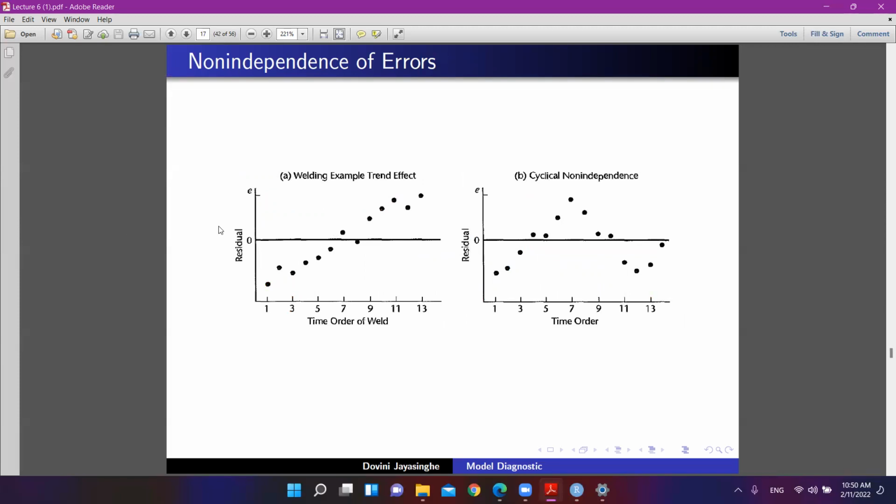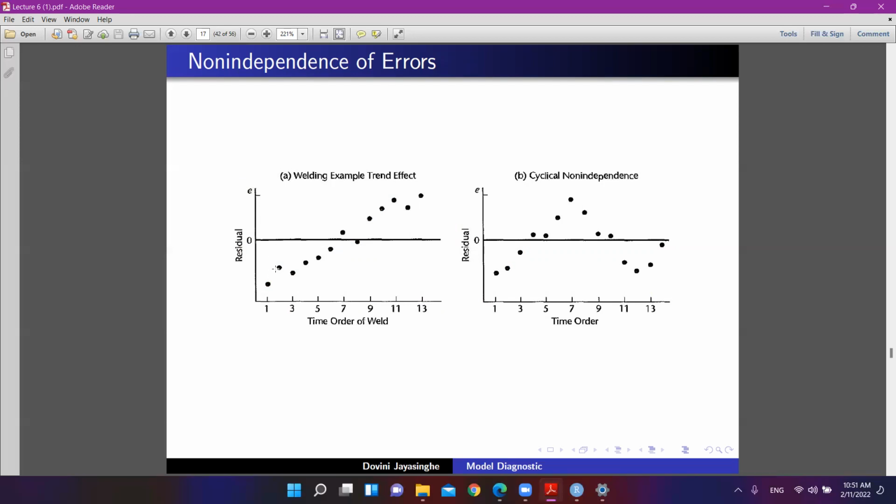So this is just an example, residuals versus X, the time order, right? If you are getting a line like this, that means this is not random, right? This shows a trend line. This particular one shows an upward trend. That means with time, the residual deviates from zero.